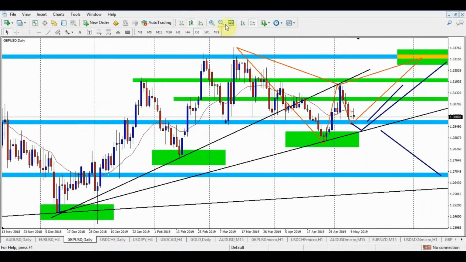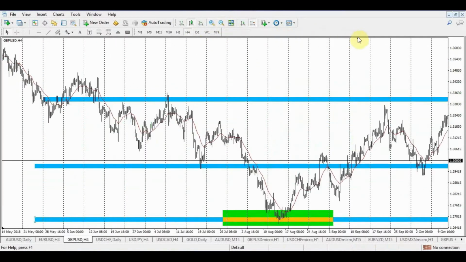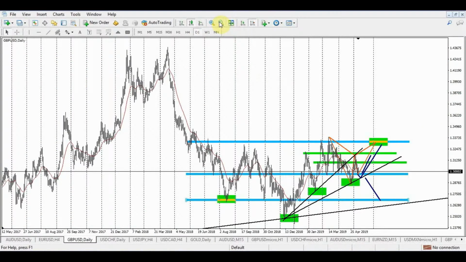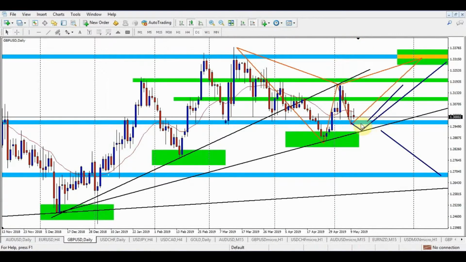Let me zoom in for a while, 4 hours, sorry. What I'm expecting now is a retest of this trend line again. It resembles the pattern on Euro USD, right? So I'm looking for a retest of this trend here.